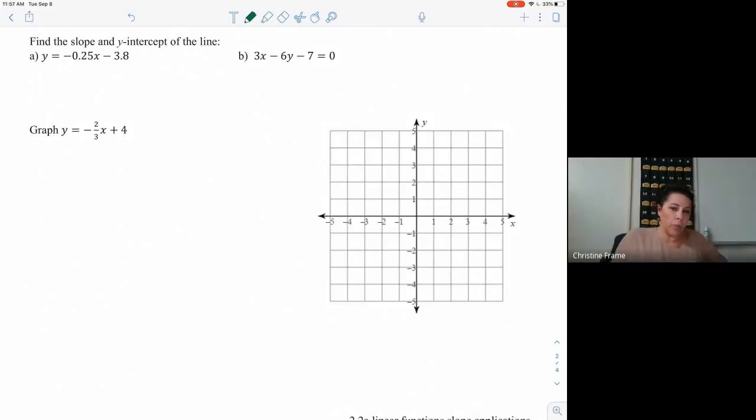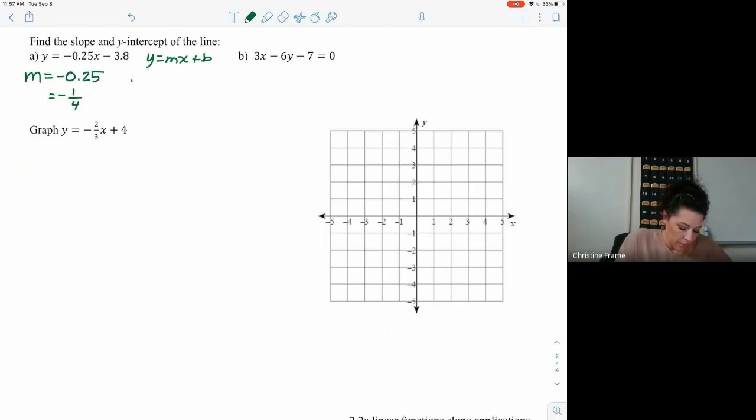It says find the slope and the y-intercept of the line. So we have something that looks like this, y equals mx plus b, right? So here our slope is negative 1/4. You could also write that as negative 1/4. Down 1, right 4.